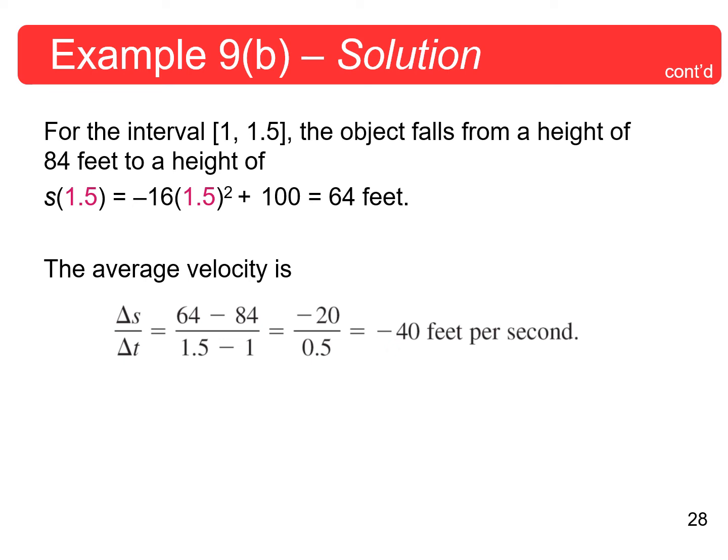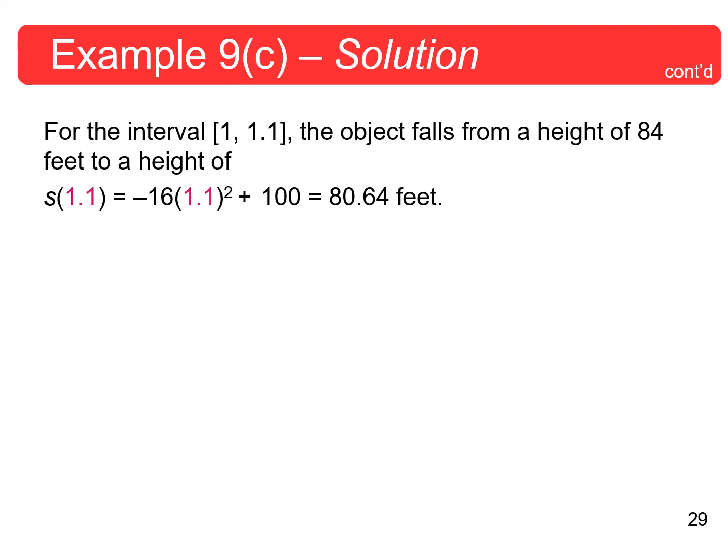So you have negative 40 feet per second. That's the average velocity for that interval. And then for the third interval, 1 to 1.1, the object falls from a height of 84 feet, this is at s of 1, to a height of, then you evaluate s at 1.1.